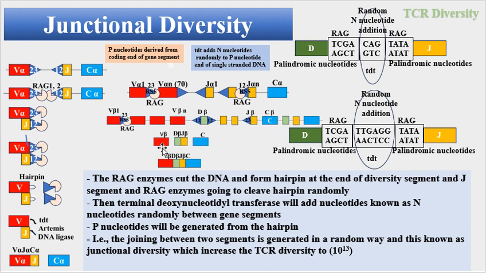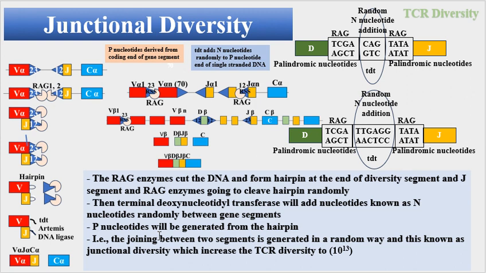In summary, the RAG enzymes cut the DNA and form hairpins at the ends of the diversity segment and joining segment, and the RAG enzymes cleave the hairpin randomly, as I mentioned here. Then terminal deoxynucleotidyl transferase will add nucleotides known as N nucleotides randomly between gene segments, as can be seen here.